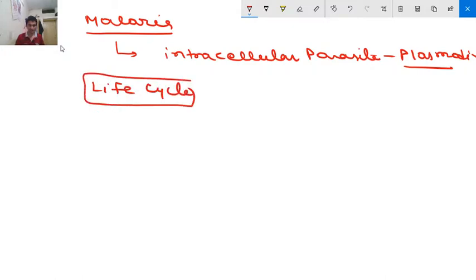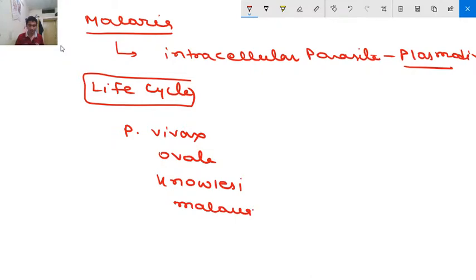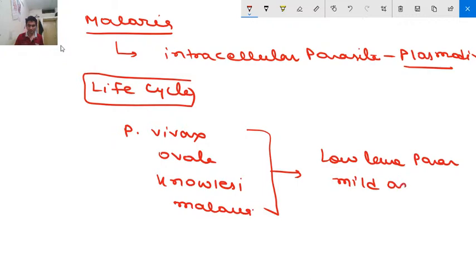Before going into that, Plasmodium vivax, Plasmodium ovale, Plasmodium knowlesi, and Plasmodium malariae also cause malaria, but they have low-level parasitemia.